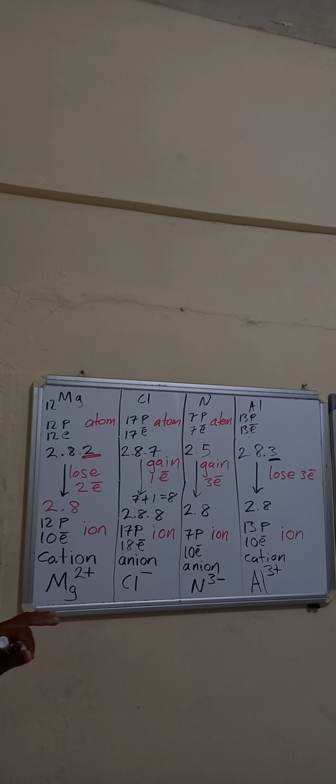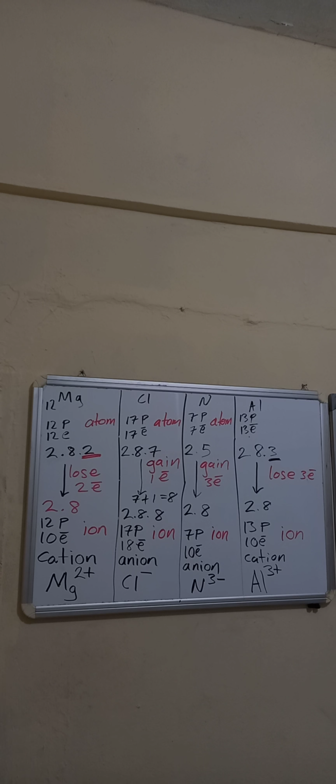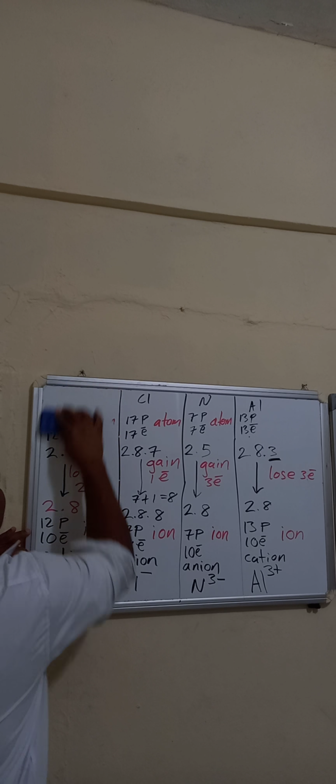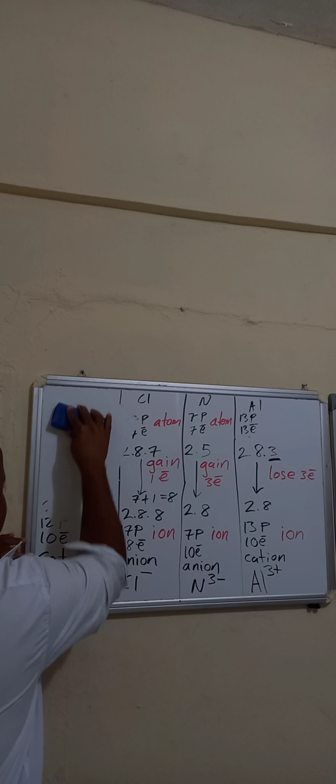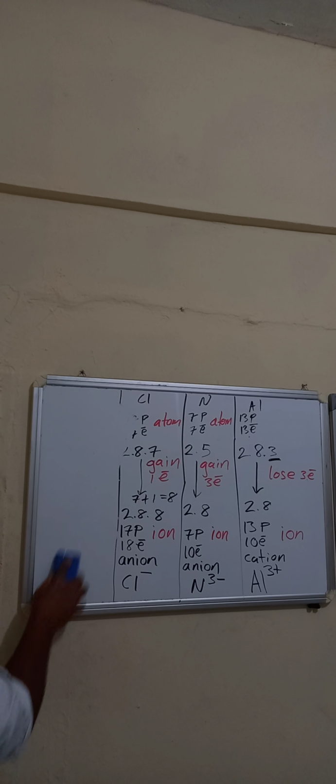Now, the name of the cations is the same as the name of the atoms. So the magnesium atom forms magnesium ion. Aluminum atom forms aluminum ions. But the name of the negative ions is not the same as the name of the atoms.